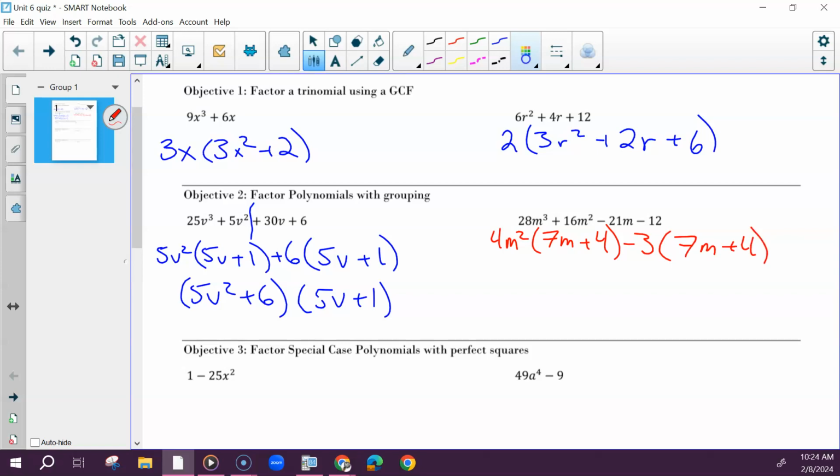So again, another issue I saw is that we weren't putting minus. Some of us did, some of us didn't. And then our two factors, 4m squared minus 3, and 7m plus 4. The same 3 points, the 2 GCFs from both sets, and your final answer. Questions from that one?